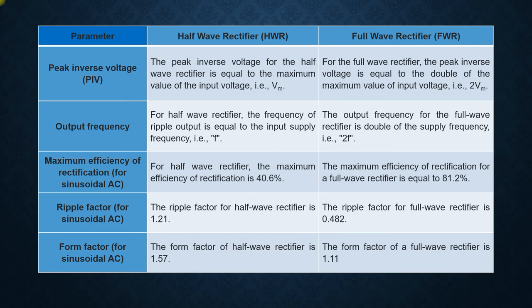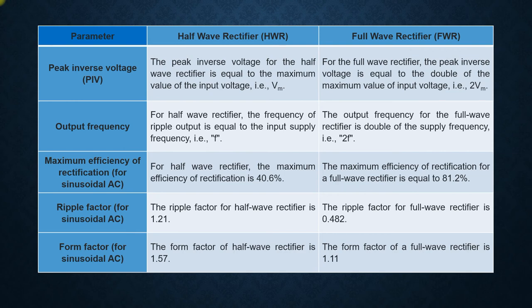Understood? So the peak inverse voltage of a diode is the same for half wave and bridge type full wave rectifiers. Otherwise, for center tapped we have to bear 2 Vm.